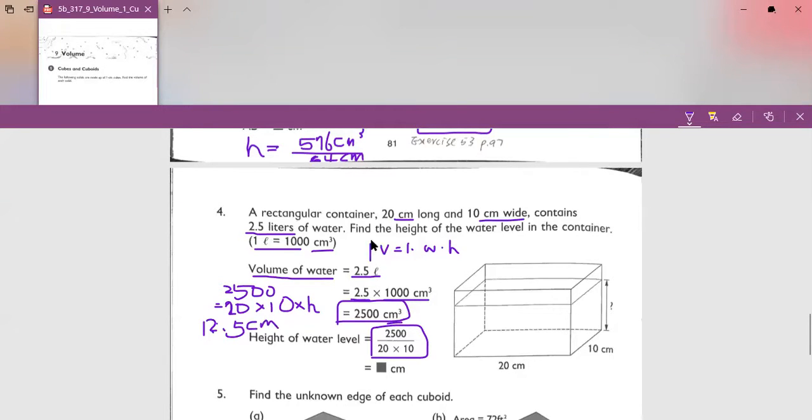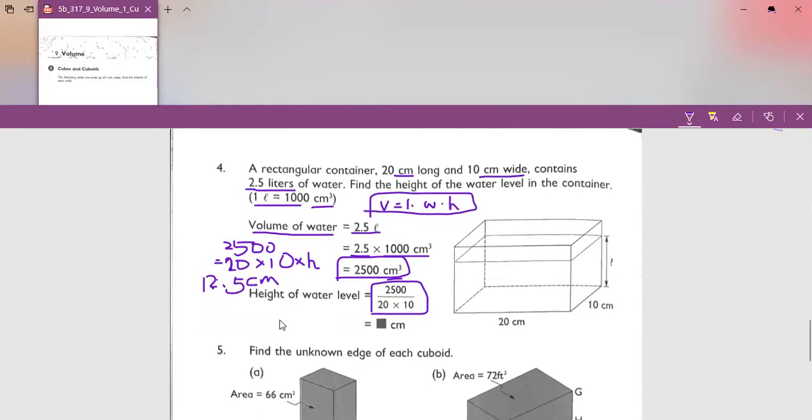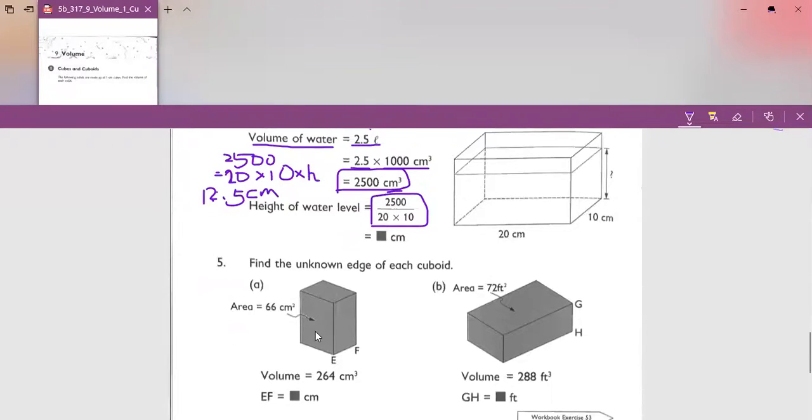So there are no tricky things in those questions. You just need to remember the formula: the volume equals the length times width times height. This is a 3D dimension concept, okay? Now we are moving down to question number 5. Again, they want us to figure out the edge of each cuboid, okay? So they give us the volume, and they give us the area.